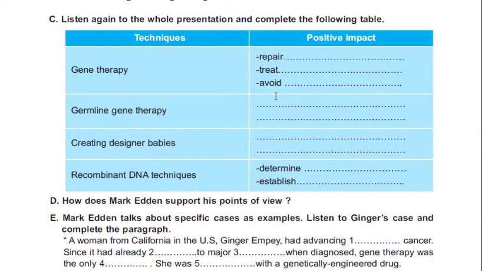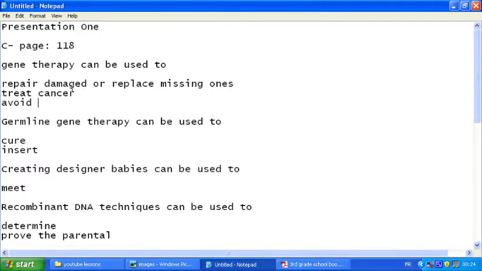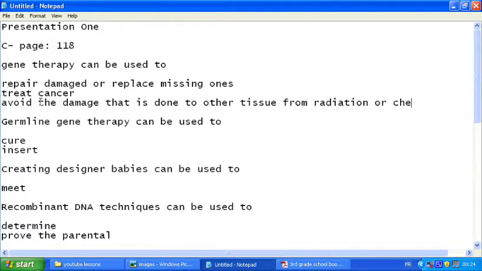When we use genetic therapy to treat cancer, for example, we avoid the problems that arise from the use of traditional treatments. So to avoid the damage that is done to other tissue from traditional ways of treating cancer, such as radiation or chemical therapies.